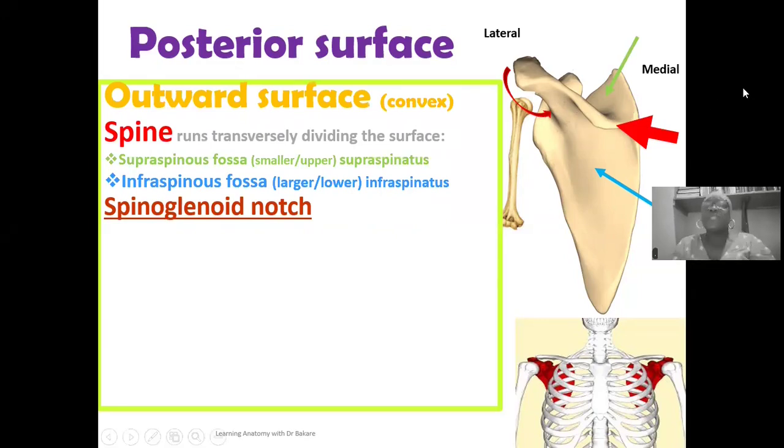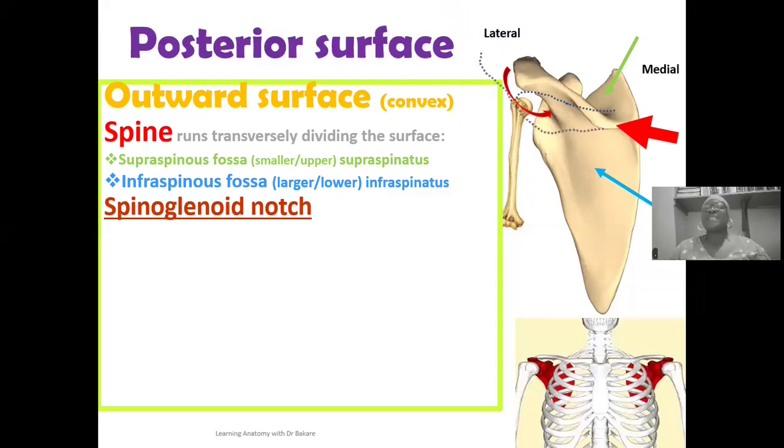It is also important for us to highlight the insertion point of the supraspinatus and infraspinatus muscles. Remember, we said that these muscles are embedded within the supra and the infraspinous fossa. If you look at this upper image, this is the fiber here running, and you see that after being embedded within the supraspinous fossa, it is directed laterally, where it is inserted on the greater tubercle of the humerus.